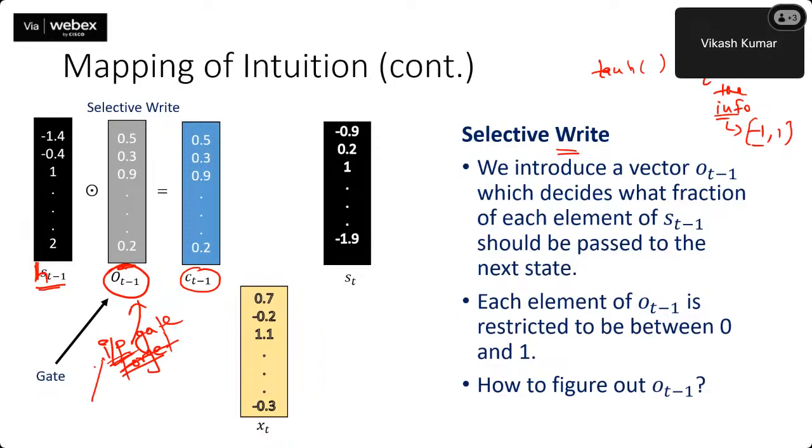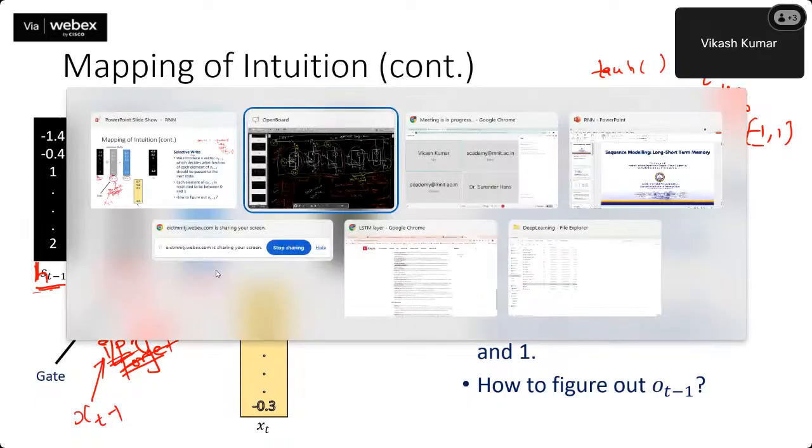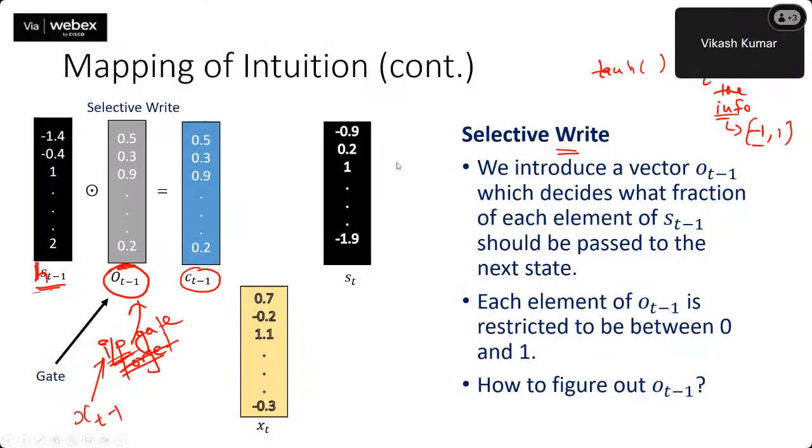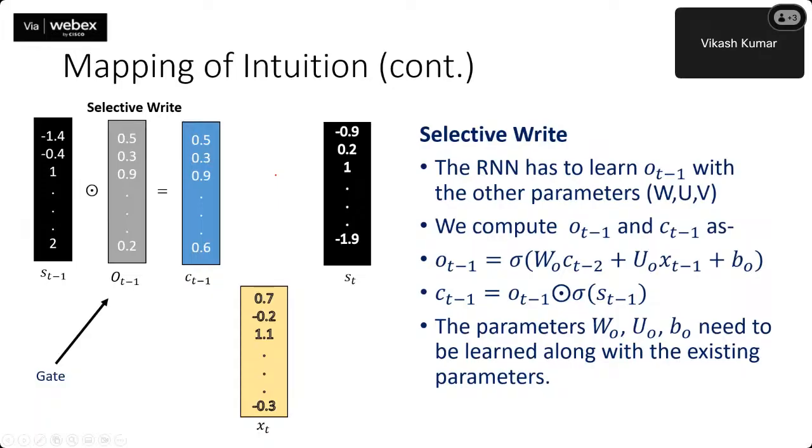Basically this input gate will have some x t minus 1 and this h t minus 1, and if it is applied on this one, it will produce the c t intermediate value. Just look here, this was the intermediate value. The basic purpose is to select a limited amount of value from here, and that will get propagated to the next level.